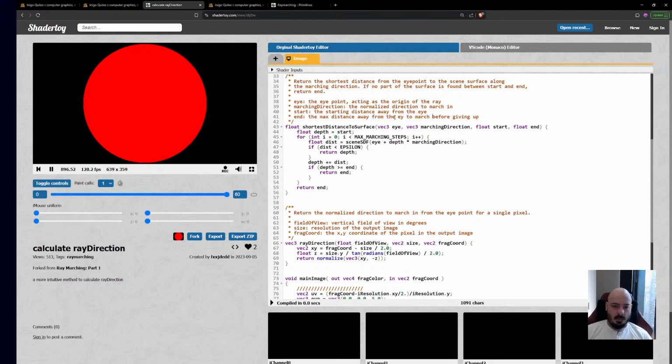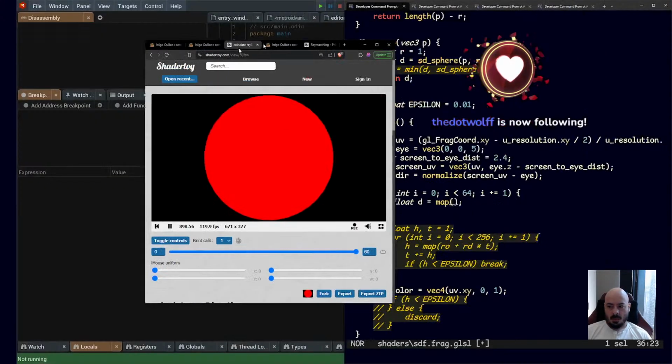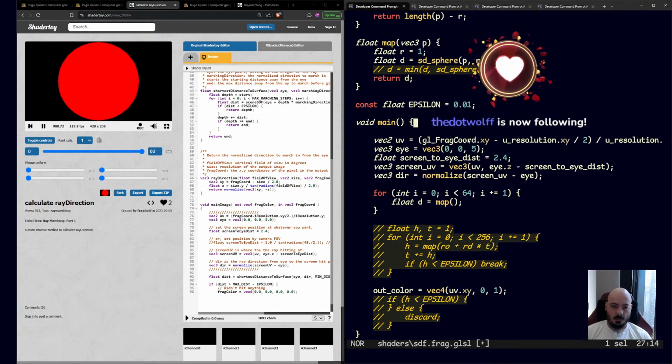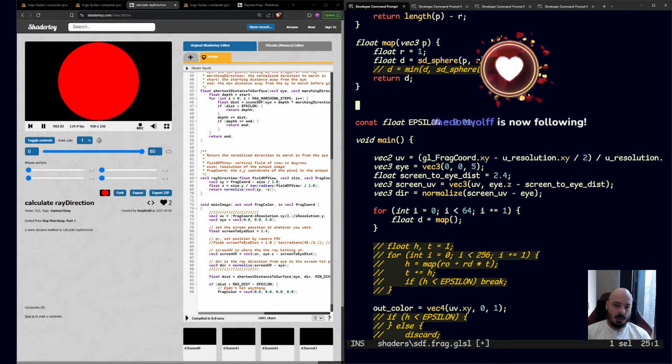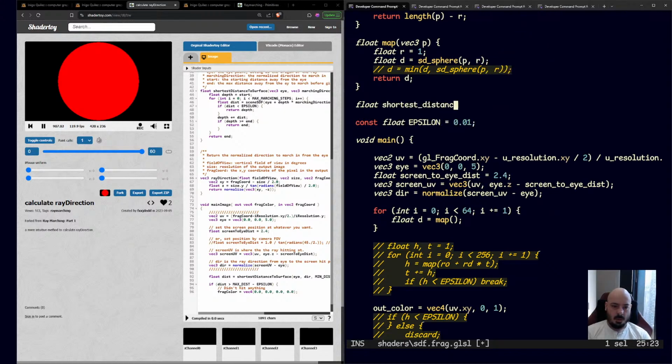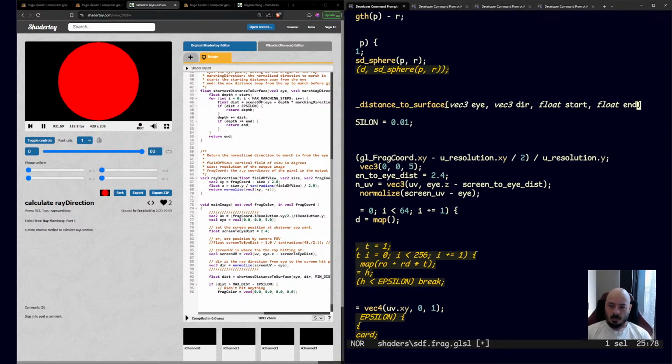And this is the maximum distance before giving up. Okay, yeah, I guess it makes sense to functionalize it. Turn it into a function. I'll just call it the same thing. Shortest distance to surface. Direction. Start and end are floats, okay. Alright.